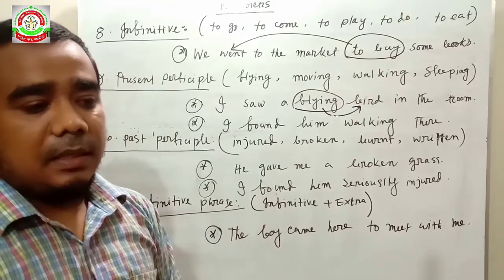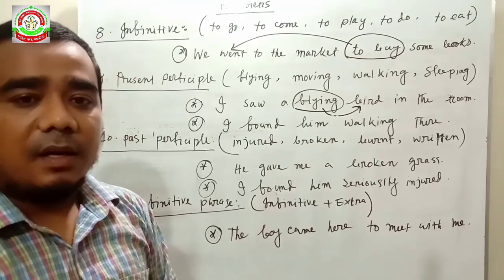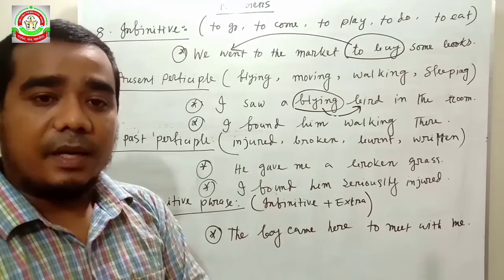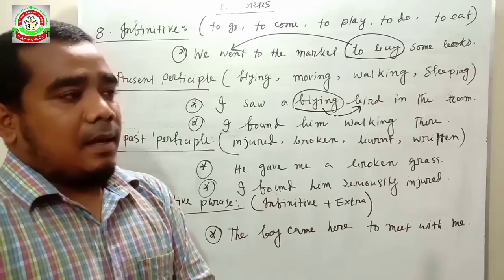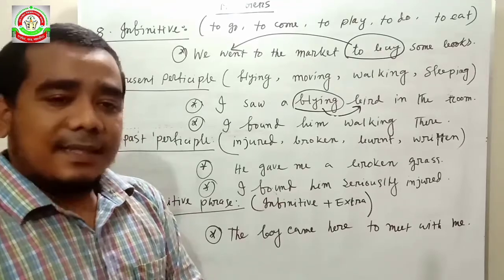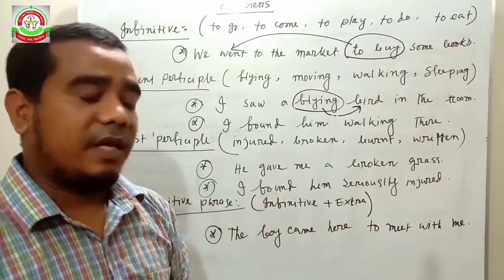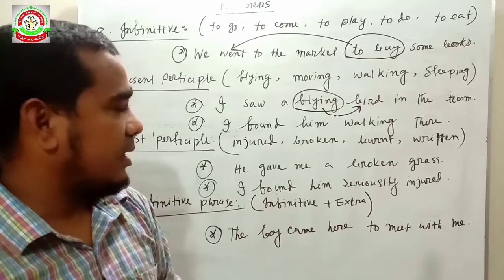Okay, a present participle is a modifier which plays the roles of a verb as well as an adjective. As an adjective, it can be used in two ways. It can be used as a pre-modifier, and it can be used as a post-modifier.